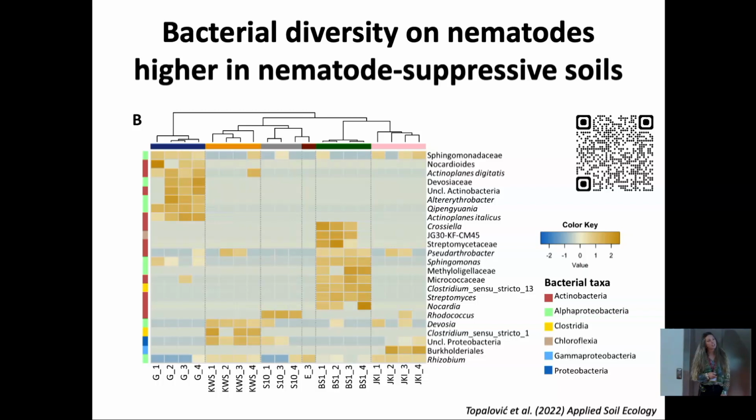Also, some genera, such as Devosia or Rhizobium, were shared among nematodes in nematode conducive soils, and we propose that they may have some facilitating role for the nematodes.